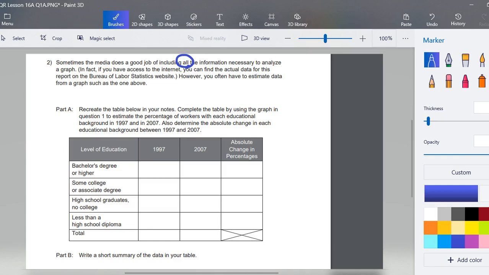So part A, recreate the table below in your notes and complete the table by using the graph in question 1 to estimate the percentage of workers with each educational background in 1997 and in 2007. And then also determine the absolute change in each educational background between 1997 and 2007.